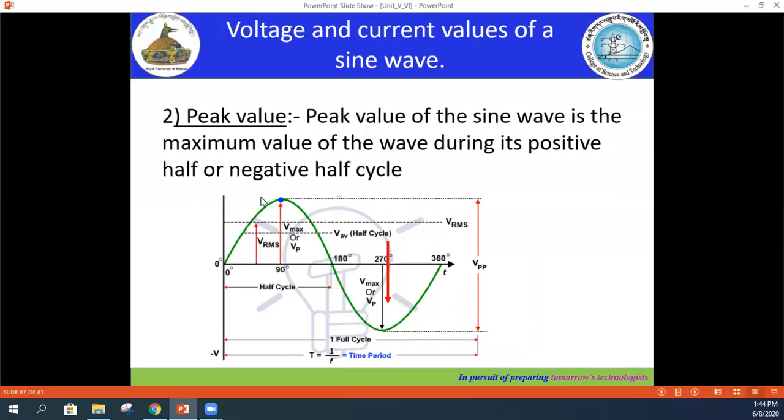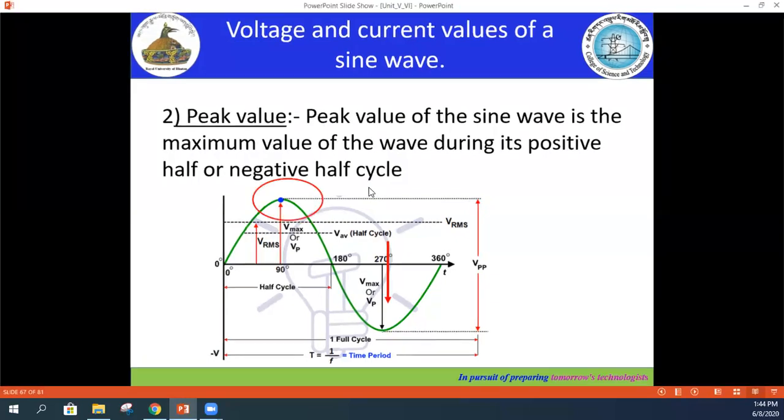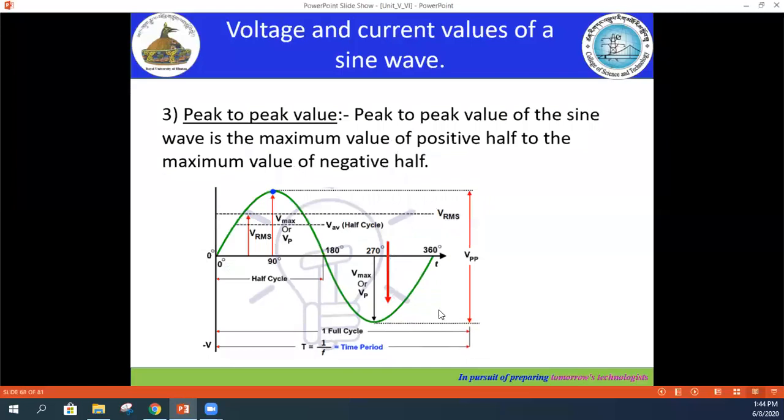So the maximum value is called the peak value. Remember, we will have two peak values, the positive peak value and the negative peak value. Here I have shown you the positive peak value, and this one is the negative peak value.